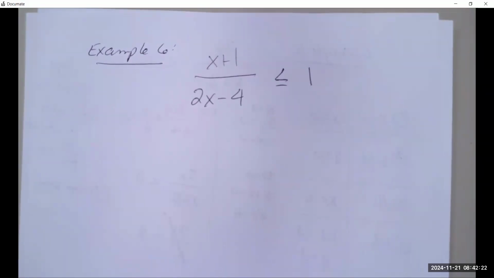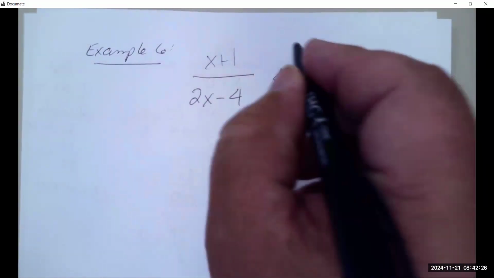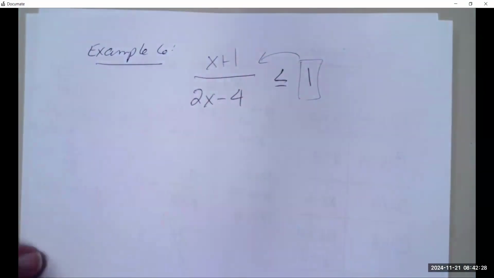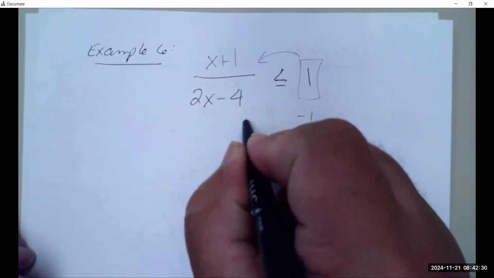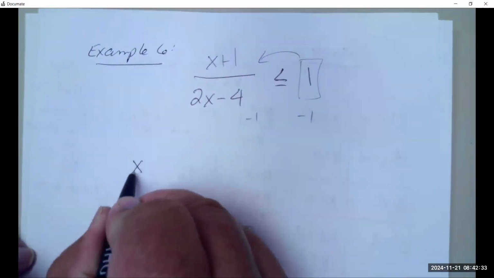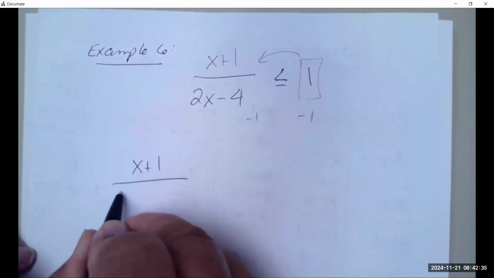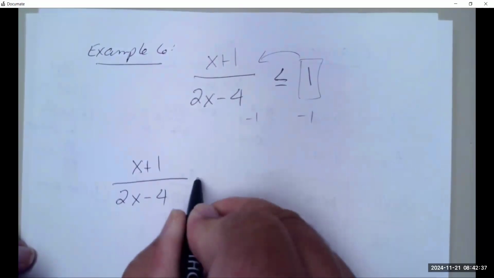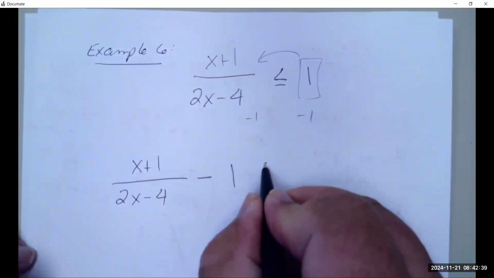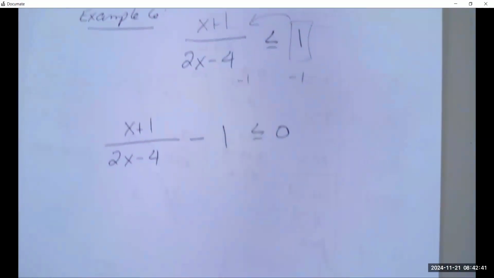First step. Set equals 0. So I move this one over there. How? I subtract 1. So we have x plus 1 over 2x minus 4 minus 1 is less than or equal to 0.